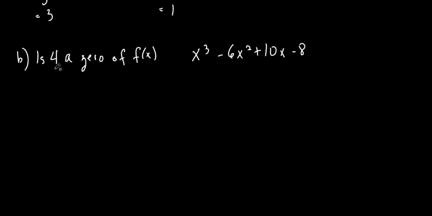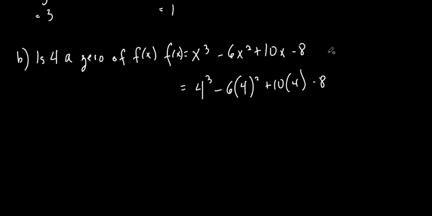That's what we're looking for. All right. So what do I do? This is f of x equals. All right. So I want to see, does this whole thing equal 0 when x is 4? So what am I going to do? Just substitute, right? Just go 4 cubed minus 6 times 4 squared plus 10 times 4 minus 8. It's pretty simple, right? Just plug it in for x.